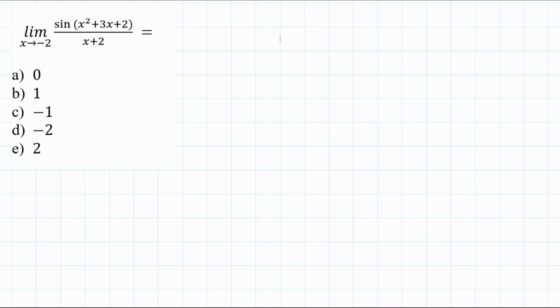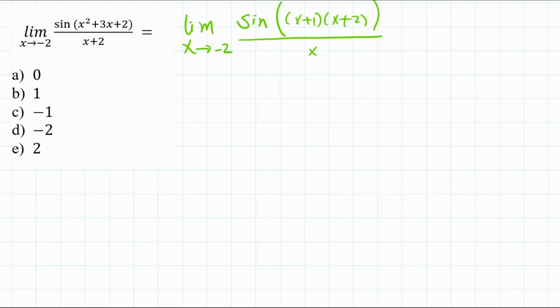Here is a limit that involves trigonometric functions with a little bit complicated arguments. This limit could be written as the limit as x goes to minus 2 of sine. Now I'm going to just factor what's inside as x plus 1 multiplied by x plus 2 divided by x plus 2.